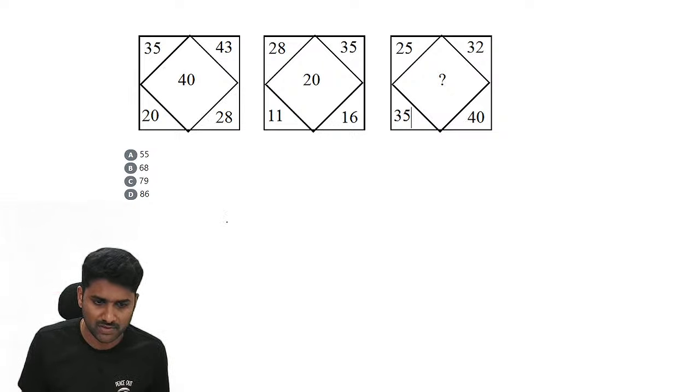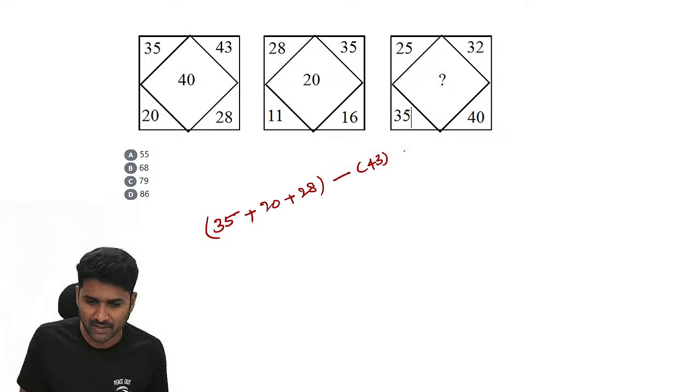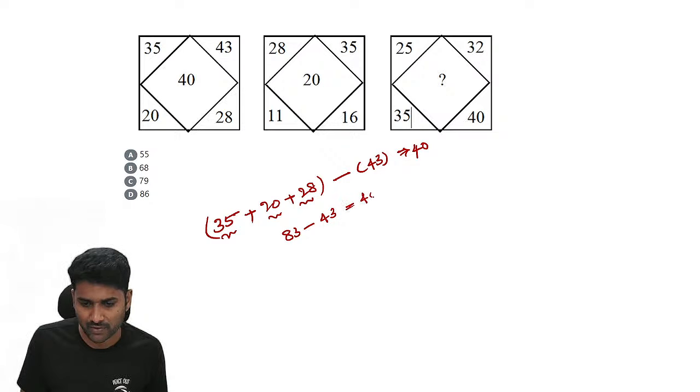So this logic is all about the sum of three diagonals, 35 plus 20 plus 28, and subtracted 43, which gives the resultant of 40. Now you can check if you have any confusion. 35 plus 28 is 63, plus 23 is 83, minus 43 is equal to 40.